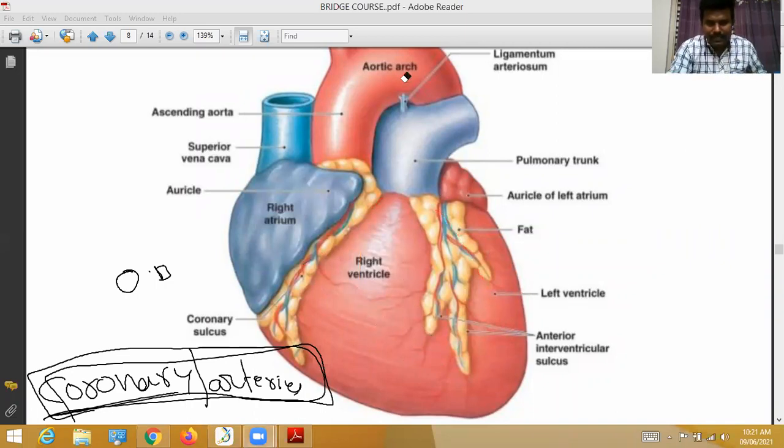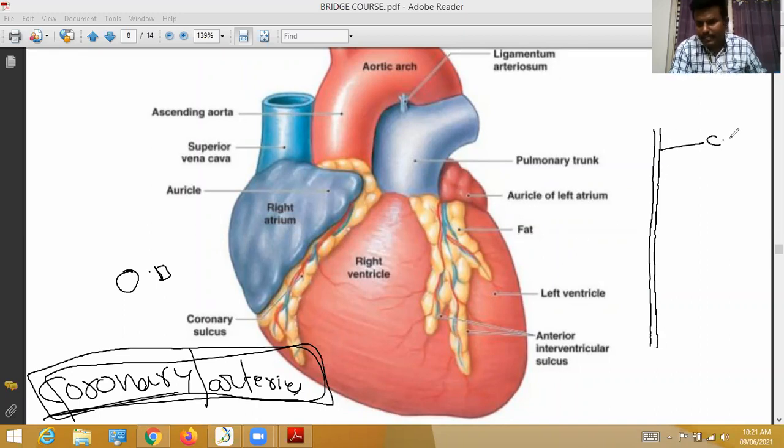For example, here, if these coronary arteries are blocked this way, this coronary artery gets blocked with fat or cholesterol, then what happens?